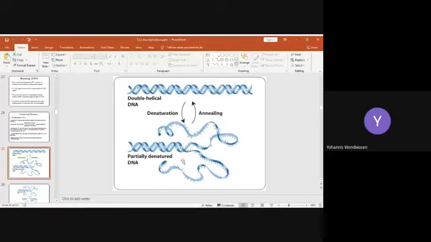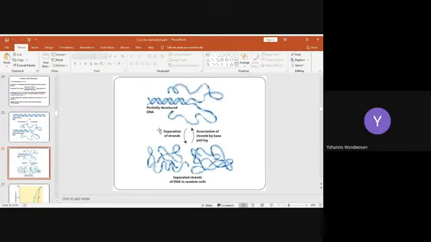However, if the temperature is higher and the pH is also much higher, DNA might undergo total denaturation. The partially denatured DNA can undergo total separation of the strands, and we call this totally denatured DNA. If it undergoes association, it can return to the partially denatured DNA, and then to the totally functional double strand DNA structure.